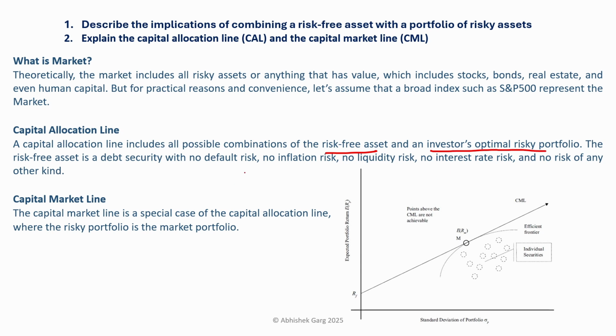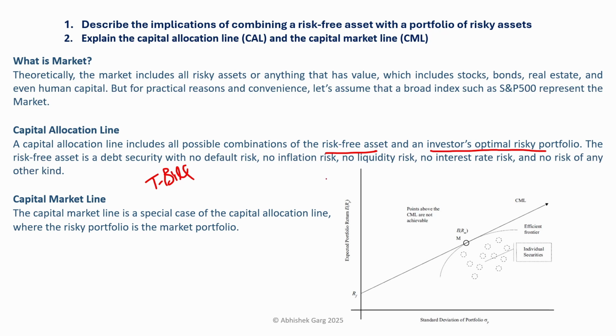The risk-free asset is a debt security with no default risk, no inflation risk, no liquidity risk, no interest rate risk, and no risk of any other kind. Basically, an asset which is totally risk-free. For a proxy, we can use T-bills as the risk-free asset, the shortest maturity government deposit.